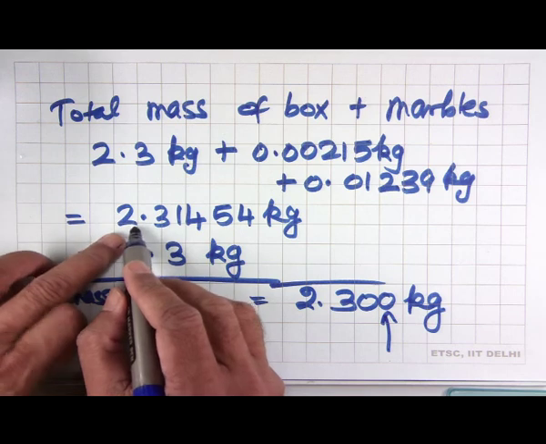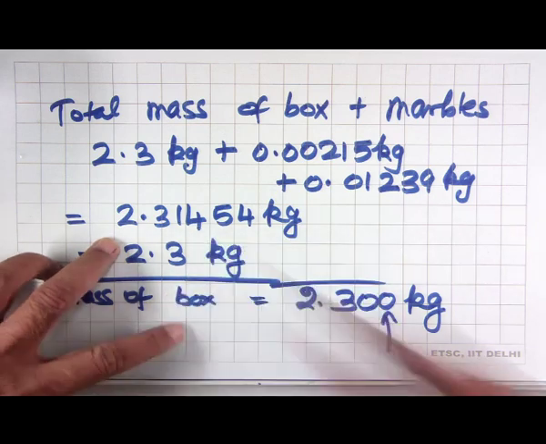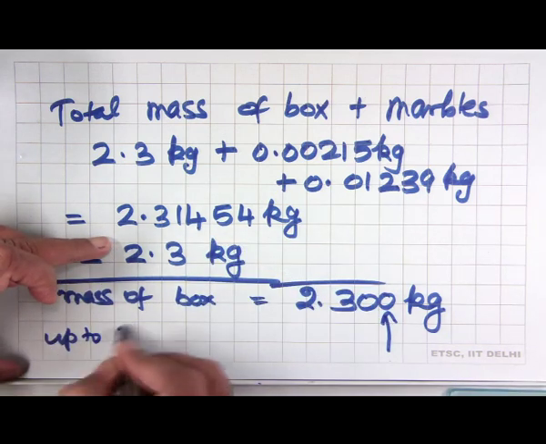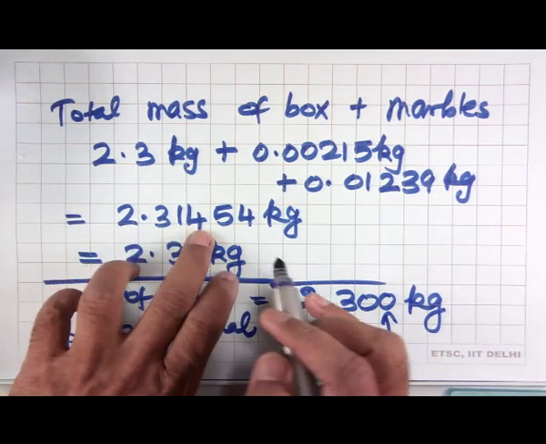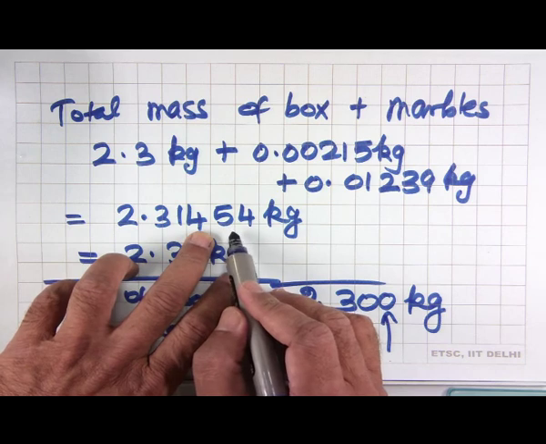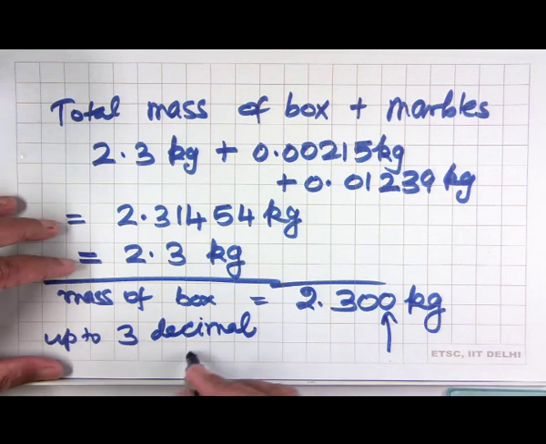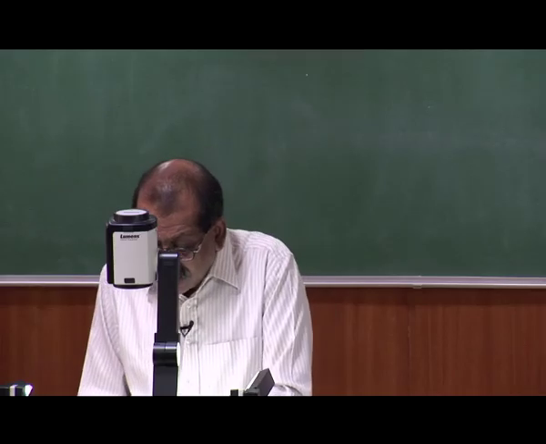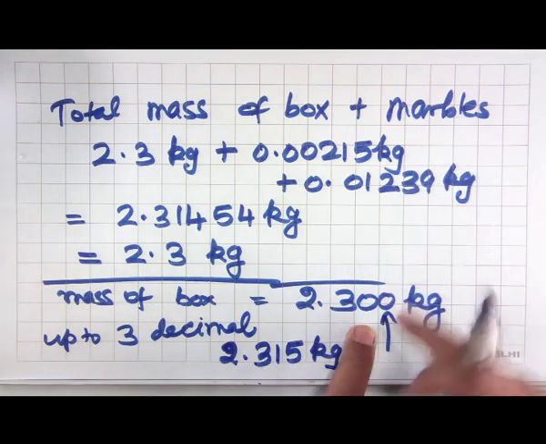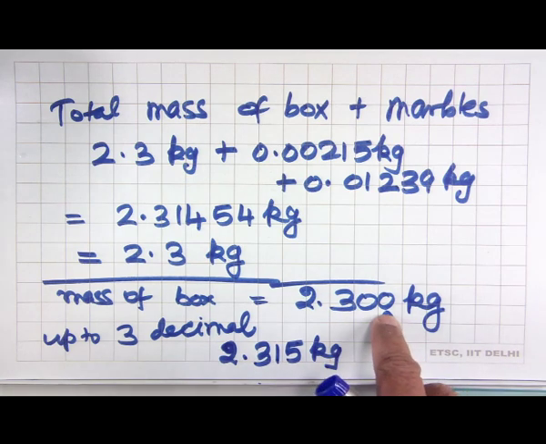In the final answer, 2.31454, we have to go up to 3 decimal places. So, now we have 2.314. The next digit is 5 followed by a 4, so when we round it up, this becomes 2.315 kg. This is how the answer changes if the original data given to us is 2.300 instead of 2.3.